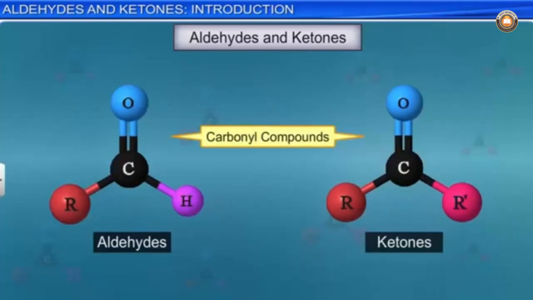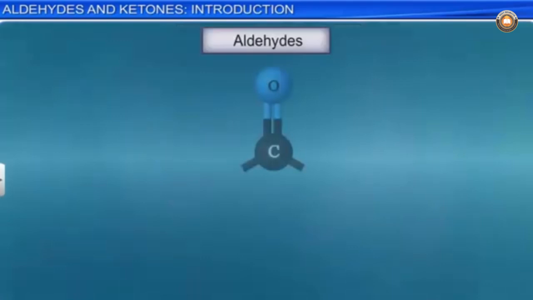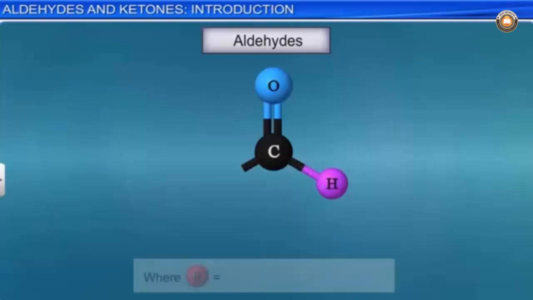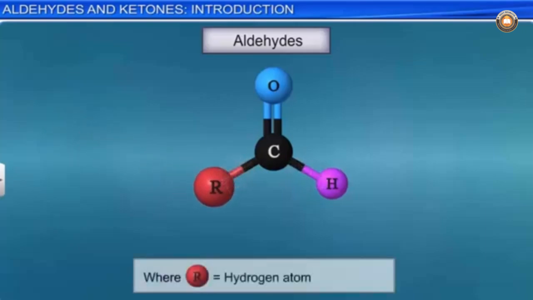However, aldehydes and ketones differ in the nature of the groups that are attached to the carbonyl group. In aldehydes, one of the two available valencies of the carbonyl group carbon is essentially satisfied by an H atom, and the other by a hydrogen atom, an alkyl group or an aryl group.